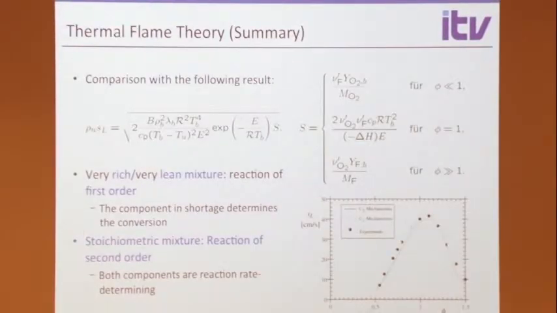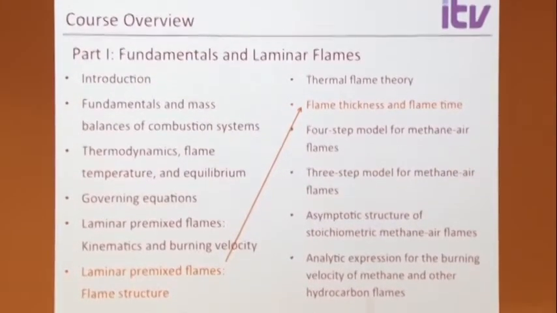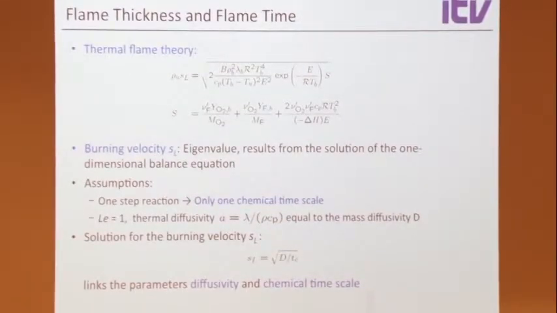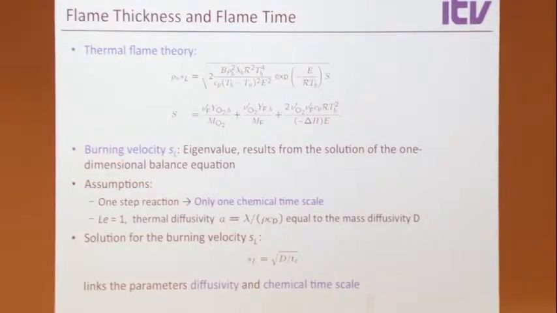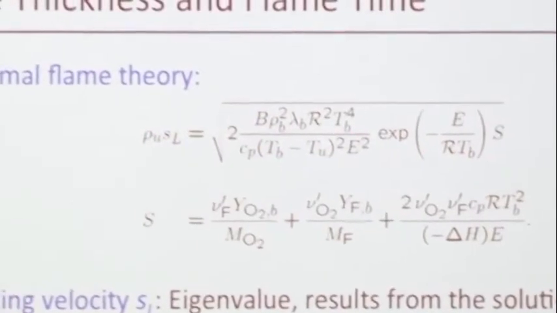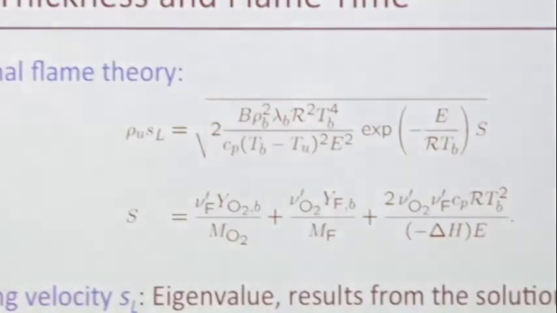Okay, so this is what's mentioned here. Okay, so this is the result, and now we can look at what does this mean in terms of these integral quantities that describe the flame, the flame thickness and the flame time. And the first thing we note here is that if you look at this, what does it say here? There's a square root, and then there are transport coefficients here. We said earlier transport is very important, and we said earlier chemistry is very important. And so you see there's a transport coefficient here, is lambda over Cp, okay?